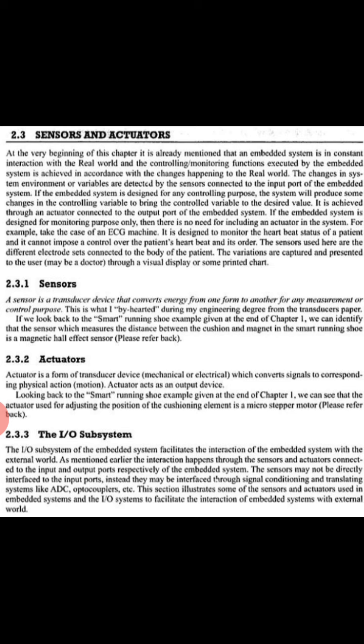The sensor may not be directly interfaced to the input port. It may be interfaced through signal conditioning and translating systems like ADC, optocoupler, etc. This section illustrates some of the sensors and actuators used in embedded systems and I/O systems to facilitate the interaction of embedded systems with the external world. The external world, in the sense, is the output device or any other device that communicates with the system.